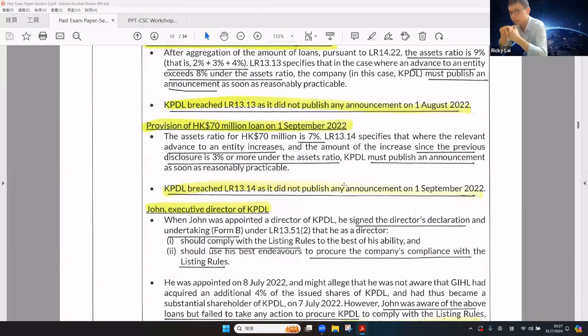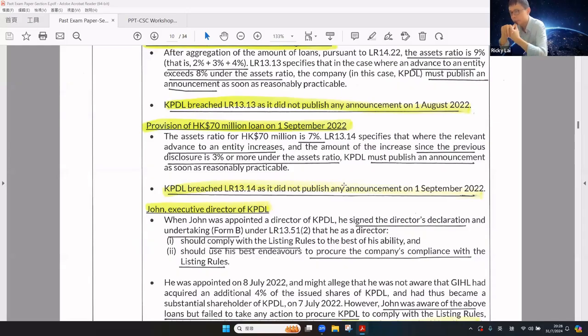How about the final loan? The asset ratio is 7%. However, Chapter 13 specifies that where the relevant advance to the entity increases, and the amount of the increase since the previous disclosure is 3% or more under the asset ratio, the listed company must publish the announcement as soon as reasonably practicable.